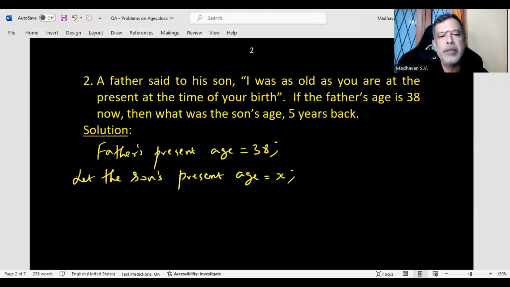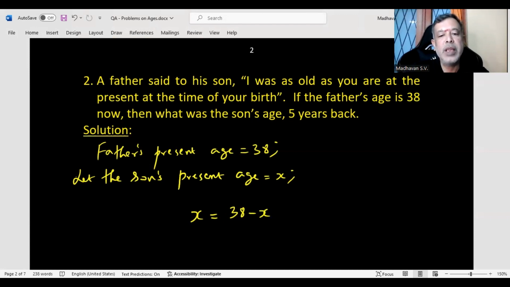Now, the statement given by the father: I was as old as you are at the present. The son's present age is x, and that is equal to the father's age at the time of the son's birth, which would have been 38 minus x.